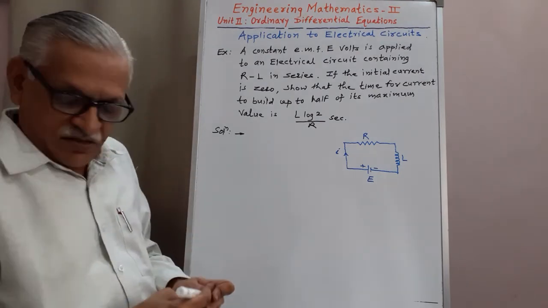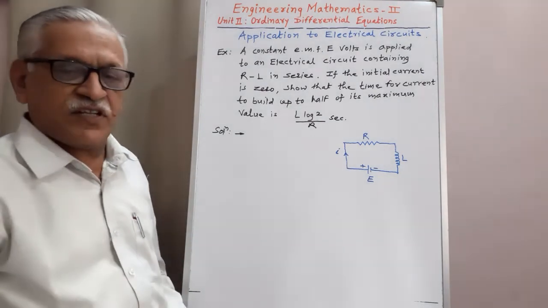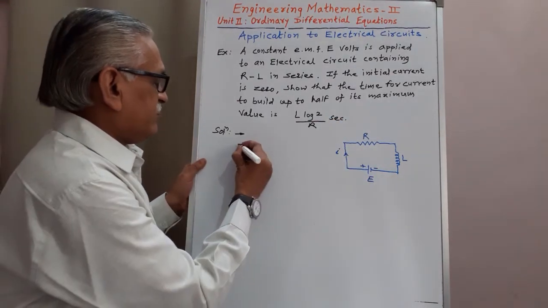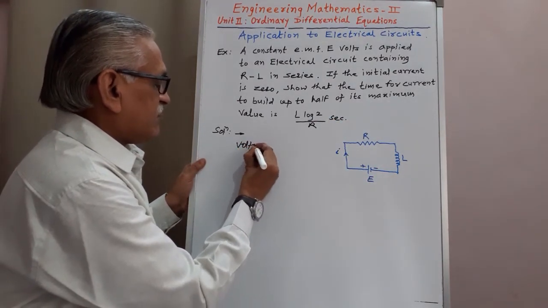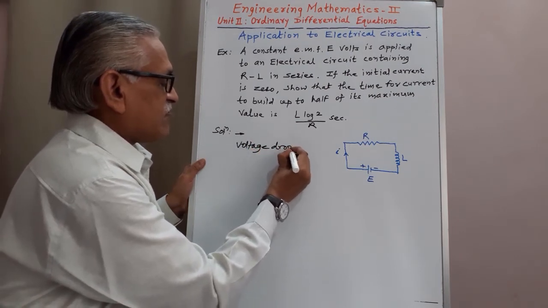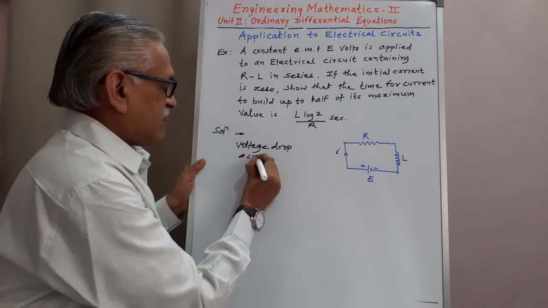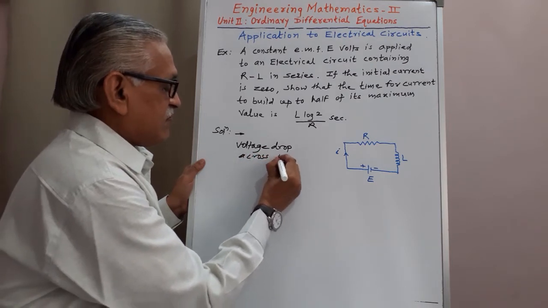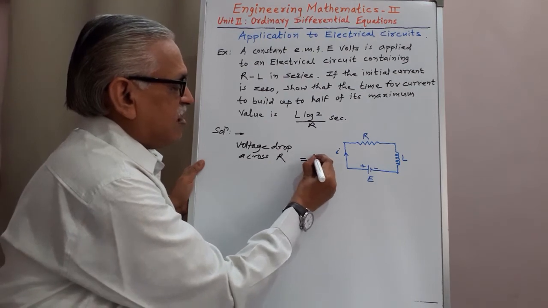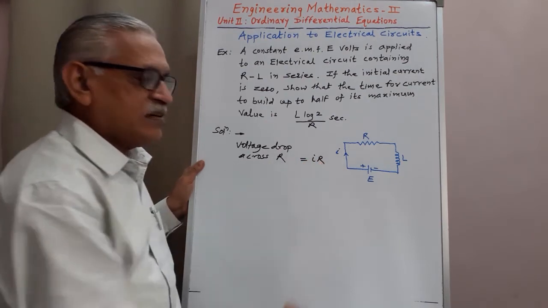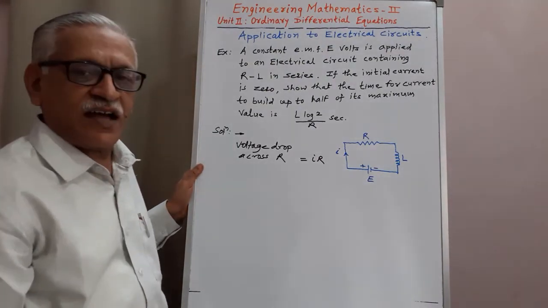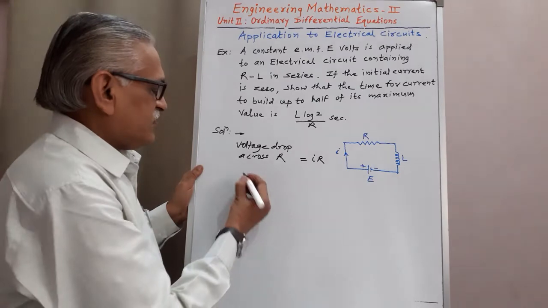Then to develop that differential equation, we write down the voltage drop across R is equal to I into R, where that small I is the current through that circuit and R capital is the resistance.